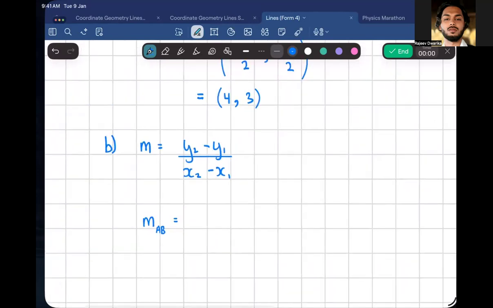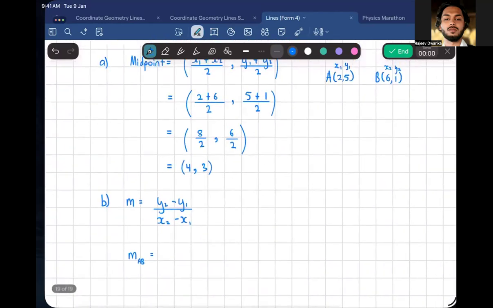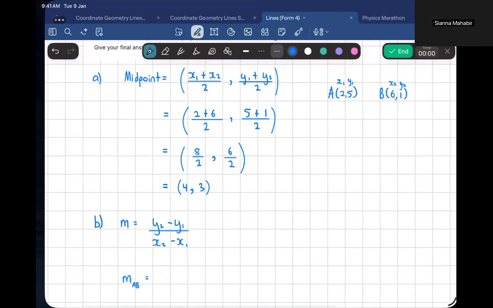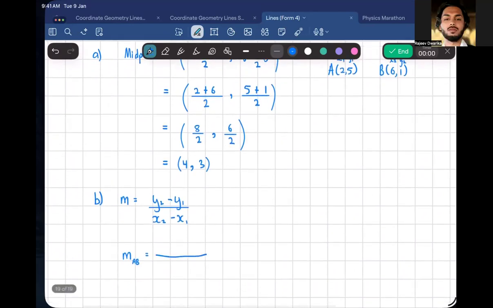Okay? Sienna, don't we already know what Y2, Y1, X2, X1 is? Yeah. So I don't have to write that back. We already know what that is. So tell me, what am I going to write for Y2?